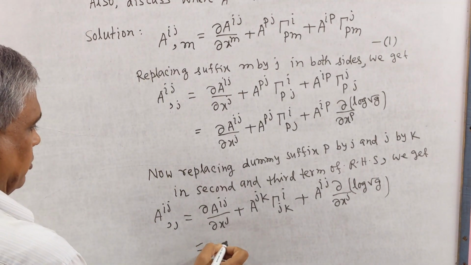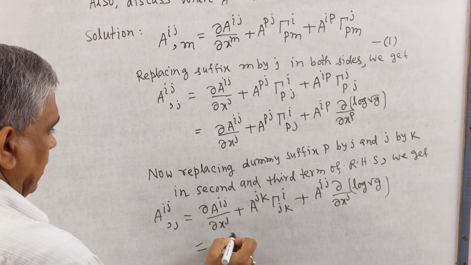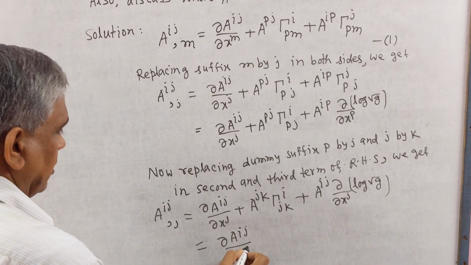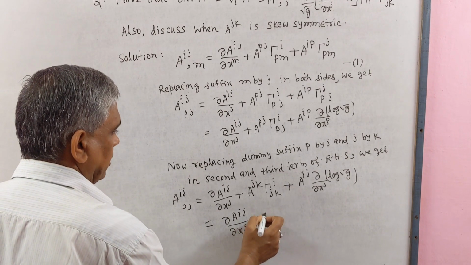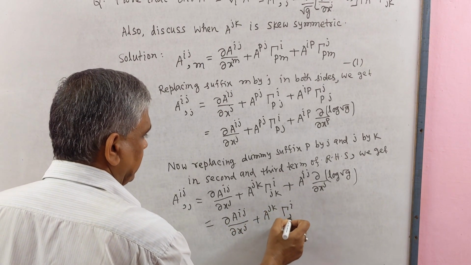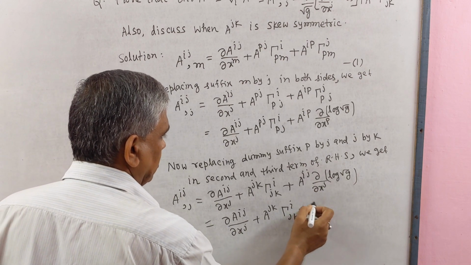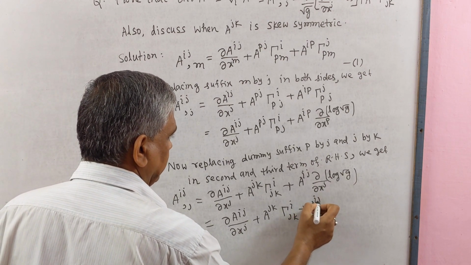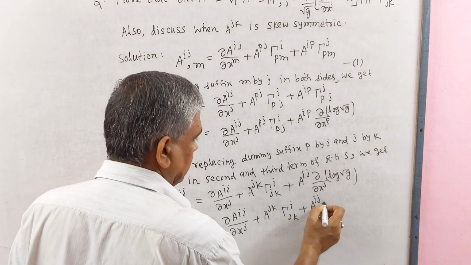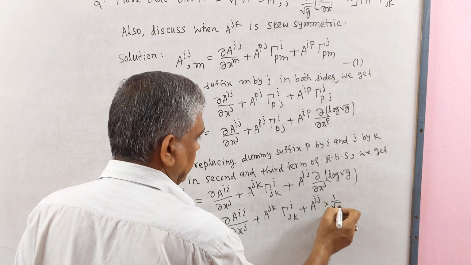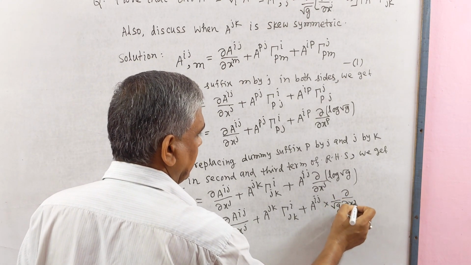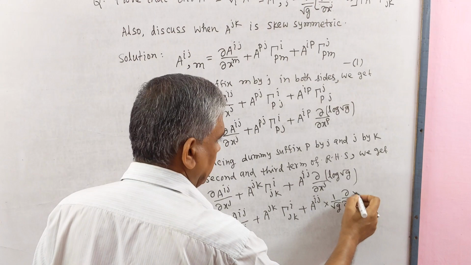This is equal to del A^ij by del x^j plus A^jk {i, jk}. This is A^ij, and the differentiation of this is 1 by square root g del by del x^j square root g.